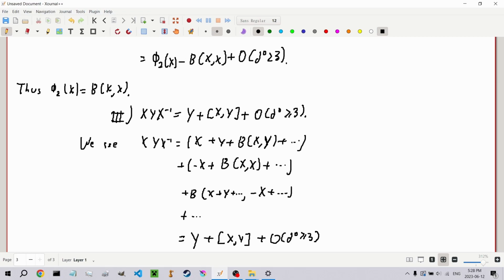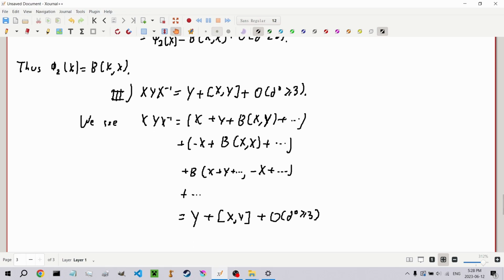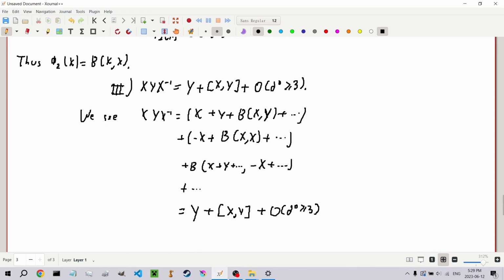And in this case, because the commutator is handy to have on hand, we are going to set x, y, x inverse.